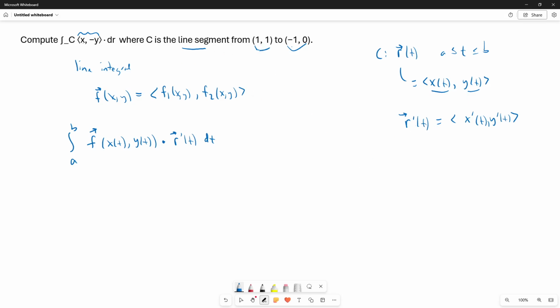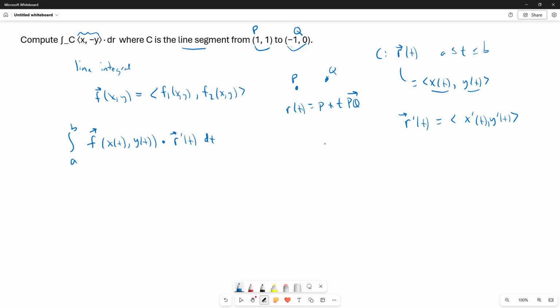A line segment from a point, let's call this point P, to a point Q has the form: we take the point P in vector form plus t times the vector PQ.